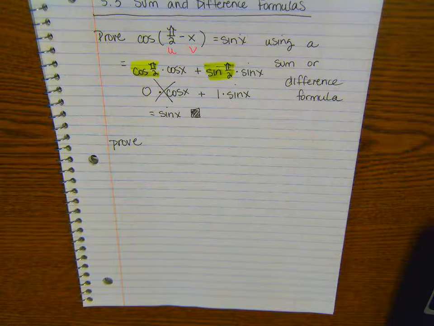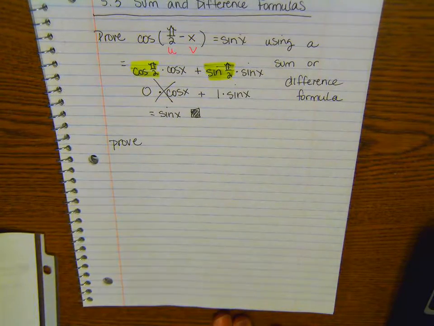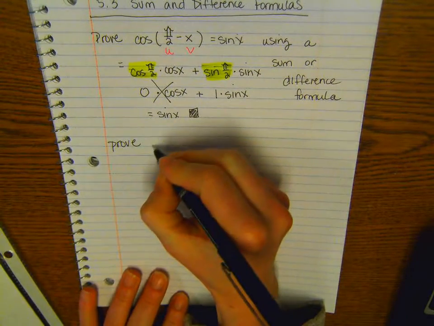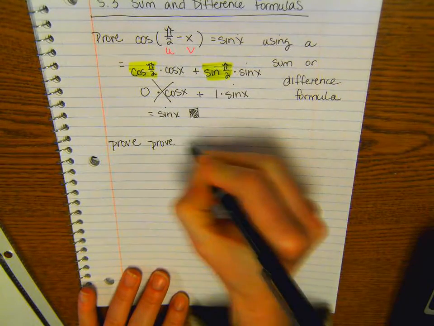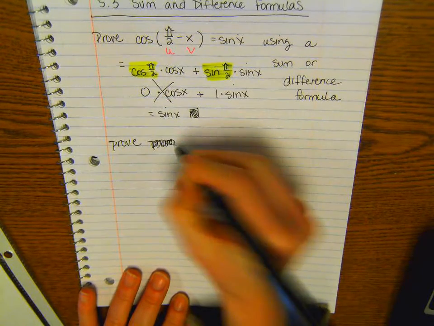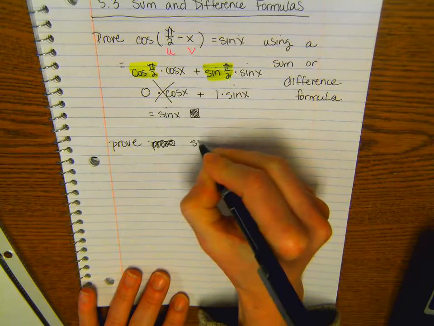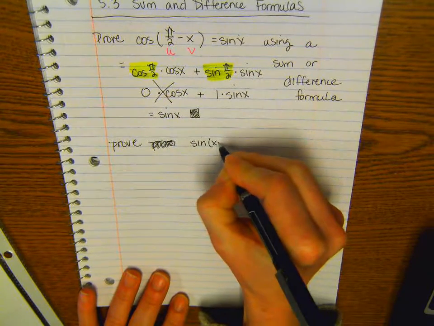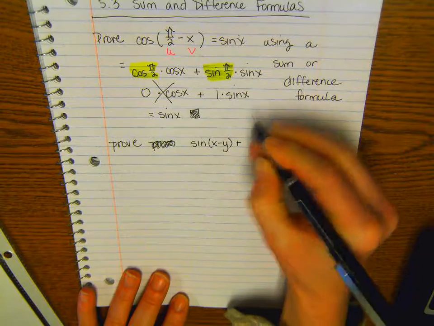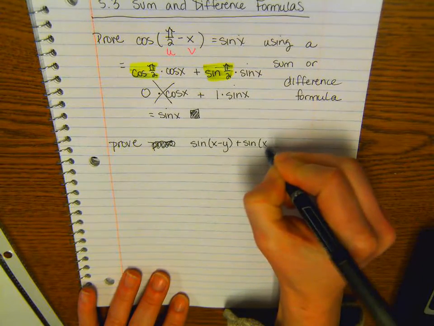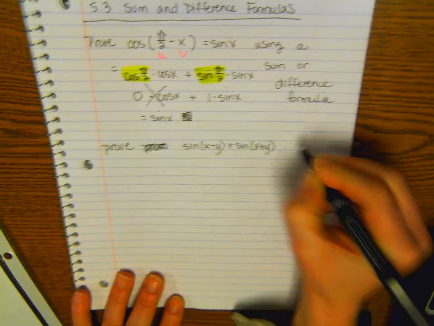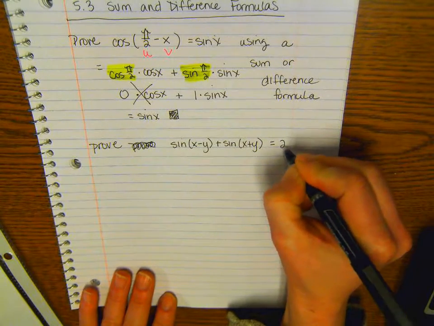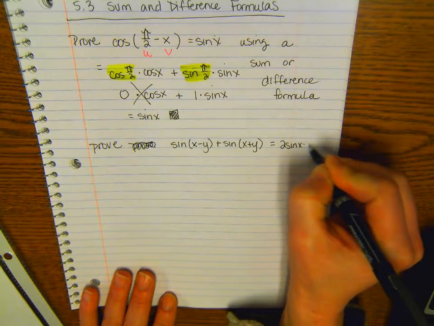Alright, so let's prove that the sine of x minus y, oops, I wrote proof twice, sorry. Prove that the sine of x minus y plus the sine of x plus y can be simplified to 2 sine of x times cosine of y.